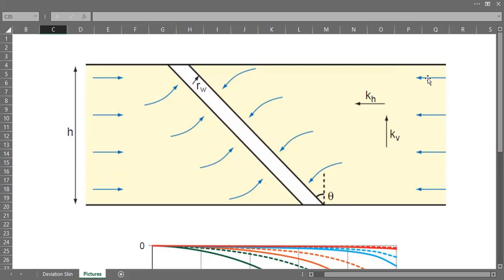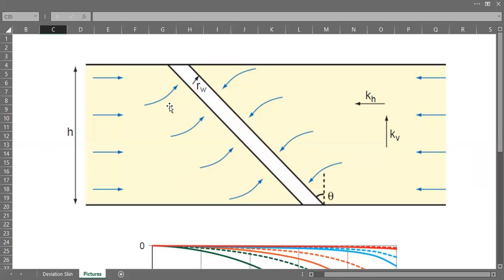This arrow shows the radial flow, and the flow at the proximity of the well will be directed like this. And actually, this configuration and this direction of the flow will improve the productivity. It is sort of enlarging the flow path towards your wellbore.